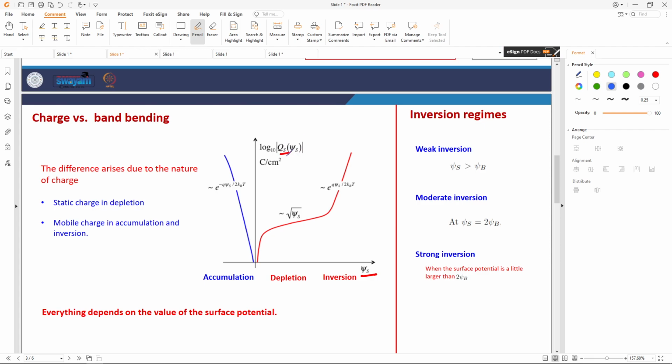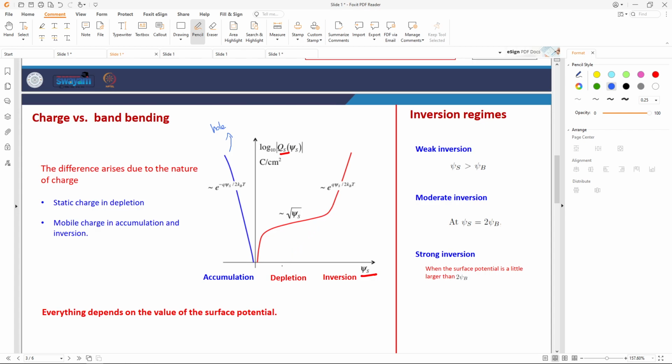This only talks about the number of the charge carriers. So for negative psi, the majority charge carriers will be accumulated. This blue line is for the accumulation of holes. Whereas this red line talks about the electronic charge, essentially electrons gathering in the depletion region. So this is what is happening when we are looking at the inversion.